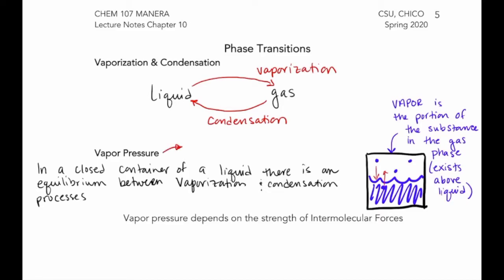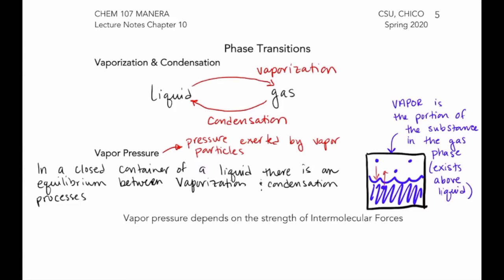The vapor pressure is the pressure exerted by the vapor particles. Okay. And it may be very low. If there's just a small portion of gas particles, then when they hit the container walls, it's a very low pressure versus the pressure that may exist when there's a lot of vapor in that container.